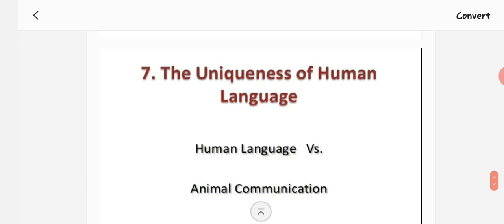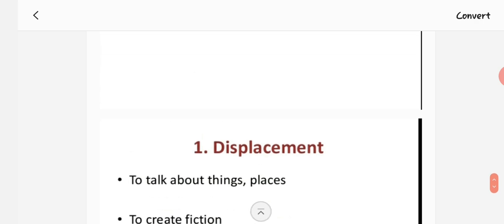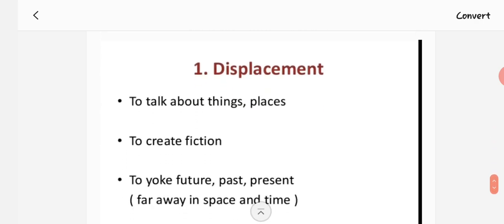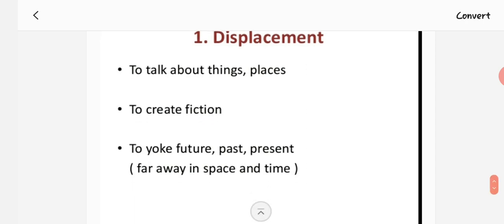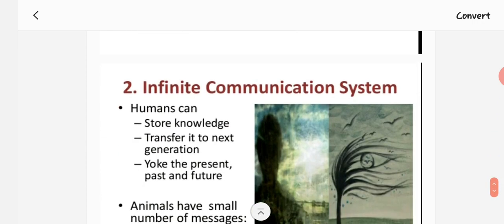The uniqueness of human language is human language versus animal communication. The very first uniqueness is displacement. We can talk about things and places, but animals don't have such luxury. We can create fiction, but animals cannot. We can evoke future, past, present, we humans have all of these qualities, but animals have not.